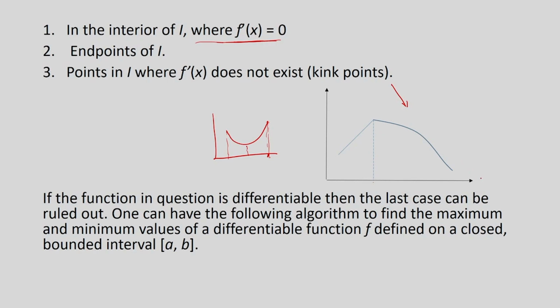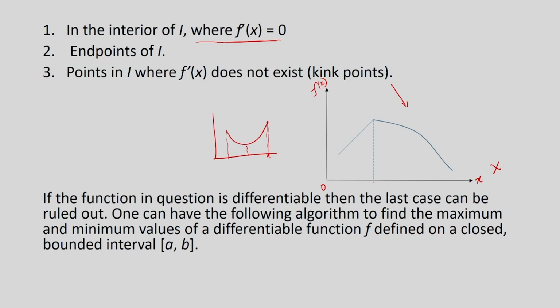So, this is something which is not a differentiable function, right. Since you have a kink point, this function is not differentiable over the entire interval. So, if we assume that the function is differentiable, then this last case is ruled out. Then one has to contend with the first and the second cases.